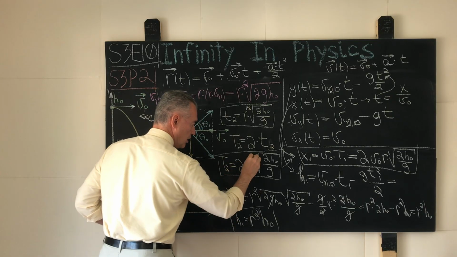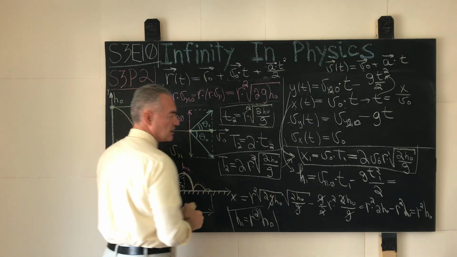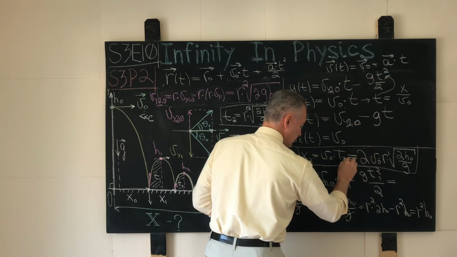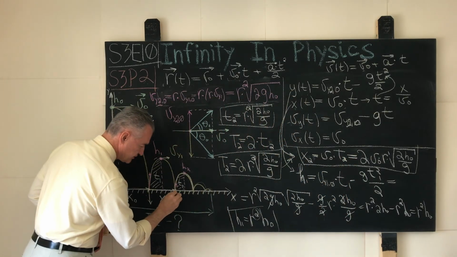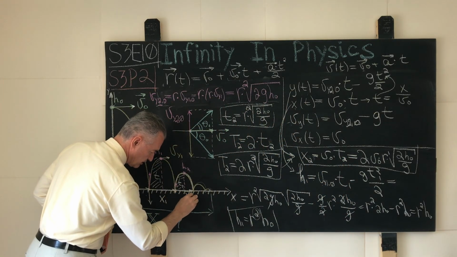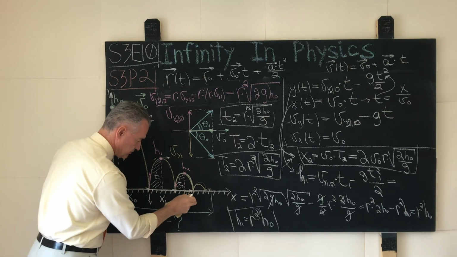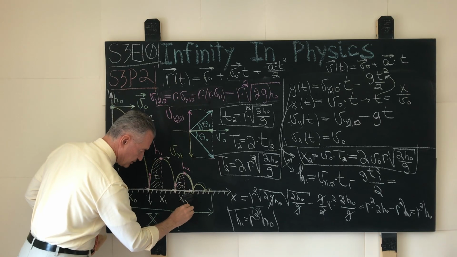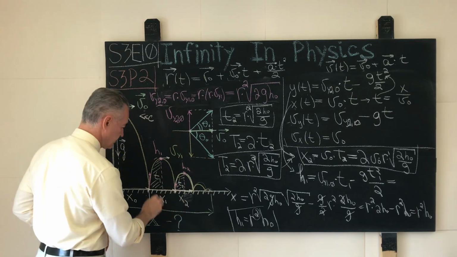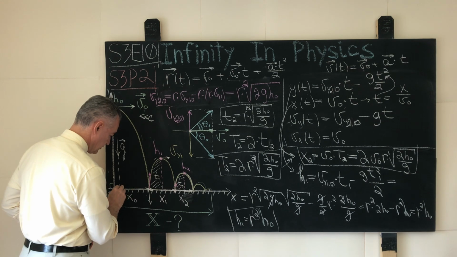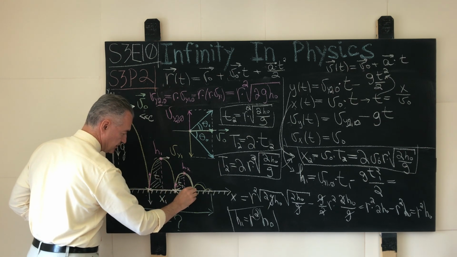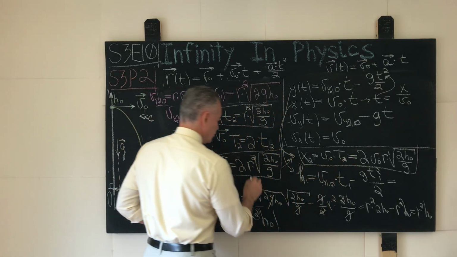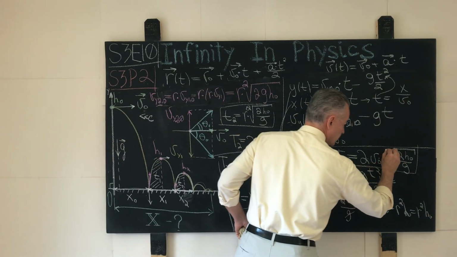This will be T2, squared. Consequently, for x1, we will have x2. And what is x2? It's this distance right here. Well, let's be careful, students of physics and mathematics. This is x2 right here, this distance. T2 has the second power, so this will be squared.